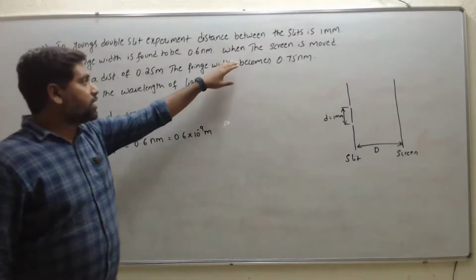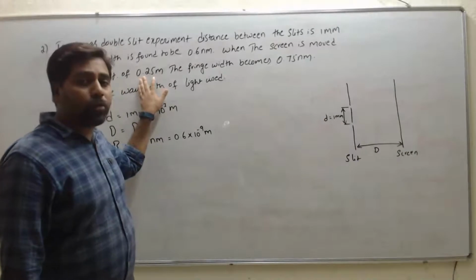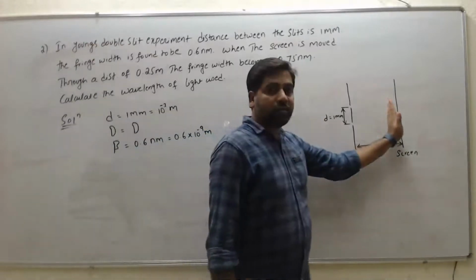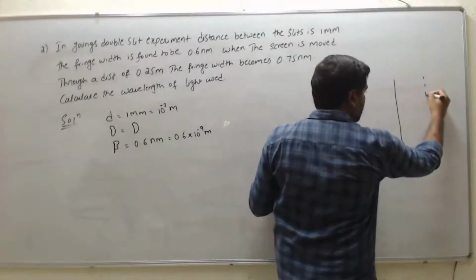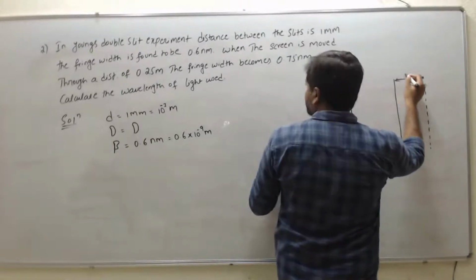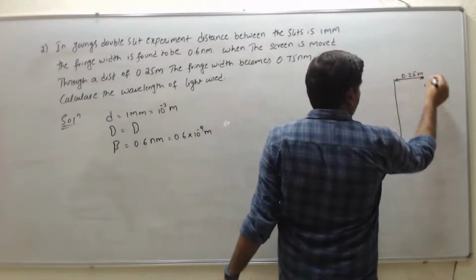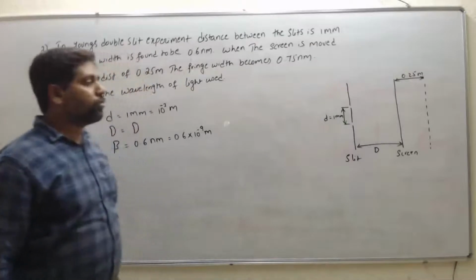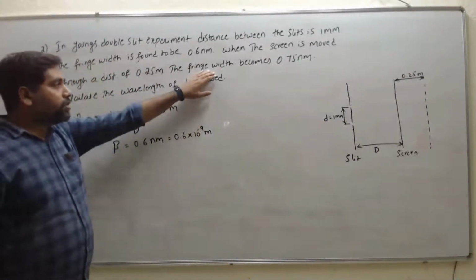In the second case, when the screen is moved through a distance of 0.25, so if this screen is further moved by a distance of how much they gave? 0.25 meter. So when the screen is moved away, then the fringe width becomes.